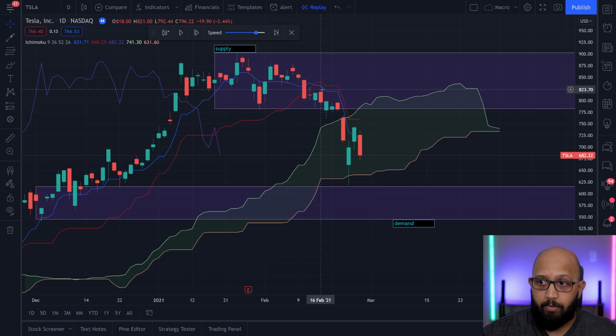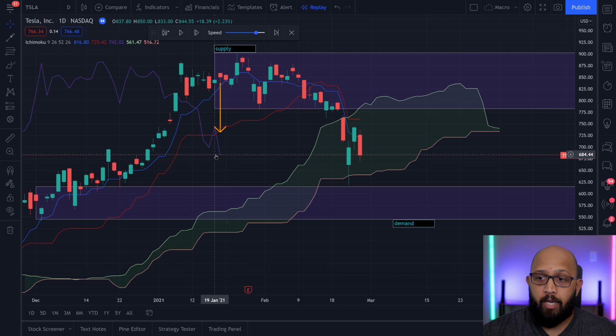Whenever the red is above the blue, it's considered bearish. So we can clearly see that it's trading below these lines here, and it's in a bearish direction. We also see that the Chikou span, this lagging line here, is below the price at that point. So this is another indication that it is bearish.